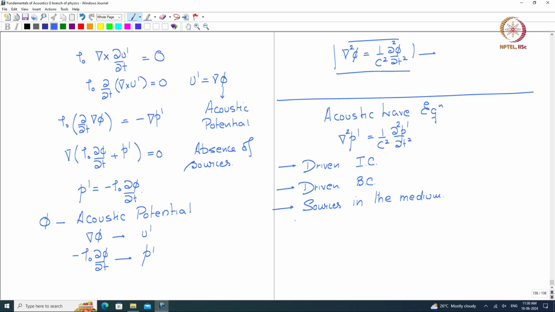As I have said, our focus is harmonic excitation in this course. If there is a harmonic excitation, then there will be transients. The system will go through transients and then follow the excitation frequency.